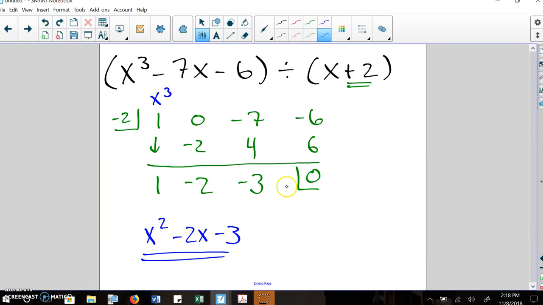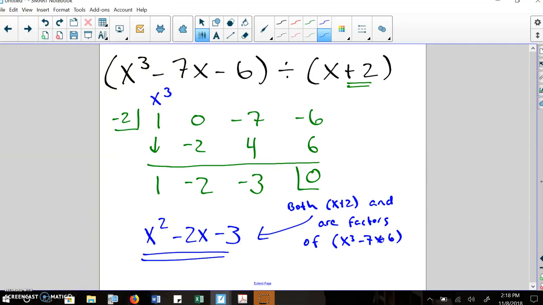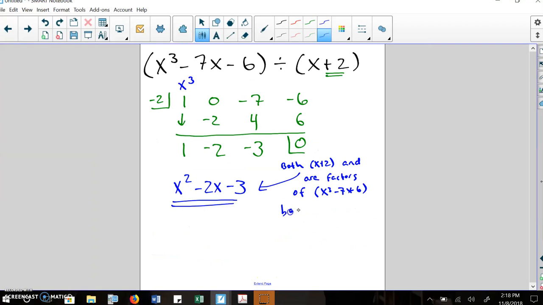And then we can make a final statement that says both x plus 2 and my answer here are factors of x cubed minus 7x minus 6, because when we did our division, we got a remainder of 0.